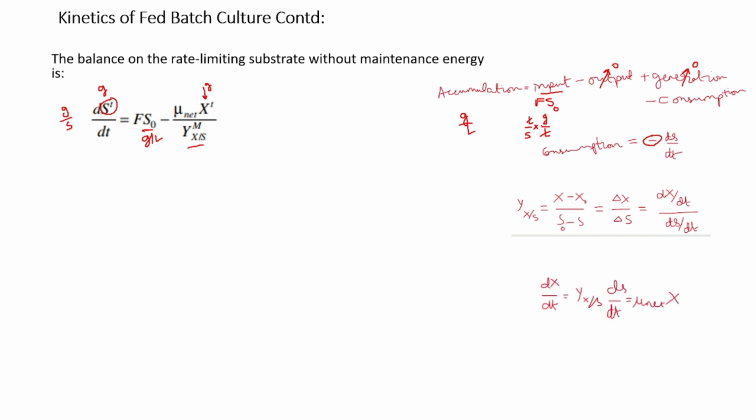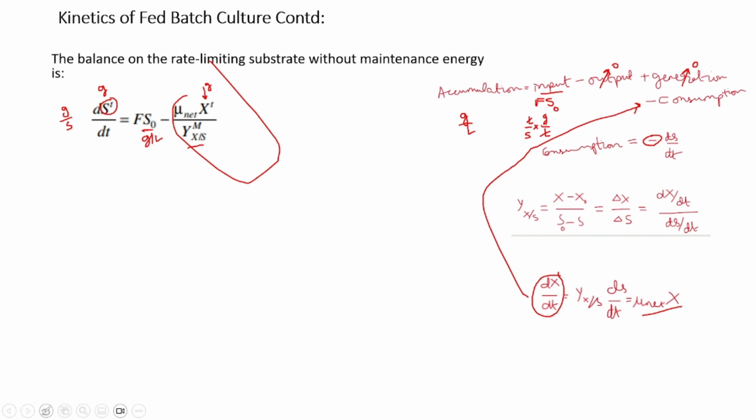So we can write dX/dt is equal to Y_X/S into dS/dt, and again we know dX/dt is actually mu net into X. This we have already seen during our videos on batch culture. So we can substitute this expression in place of consumption. If we write it in terms of dS/dt, it will be mu net X whole divided by Y_X/S. So this is what we have written.